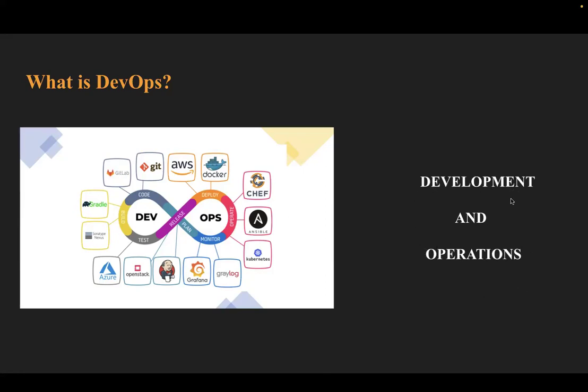Development is not application development, but development of scripts in order to automate the regular tasks, and you should also know the application functionality. Operations is the maintaining of the created infrastructure. So that's what we call DevOps. We have different tools in each and every stage of DevOps, but we are going to see Docker and Kubernetes as part of this course.